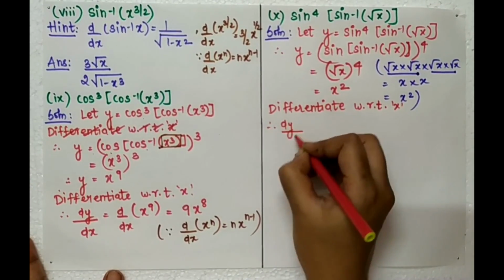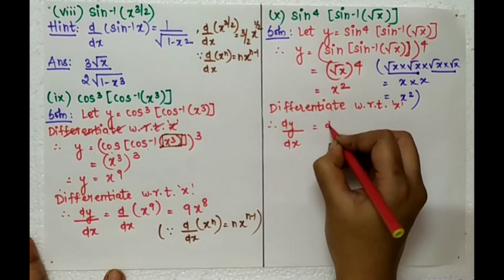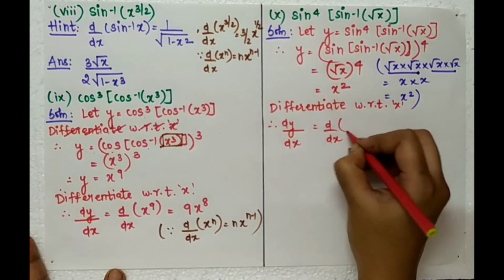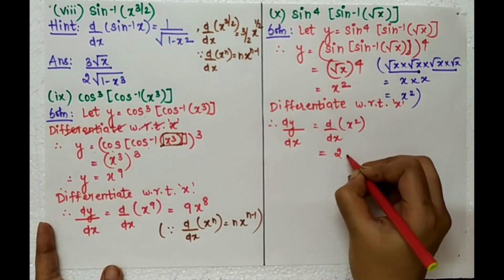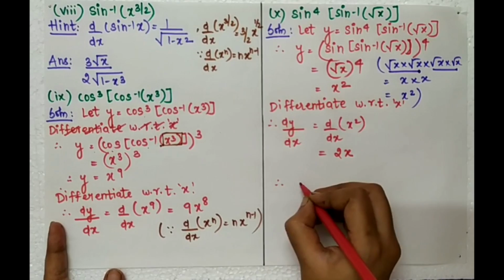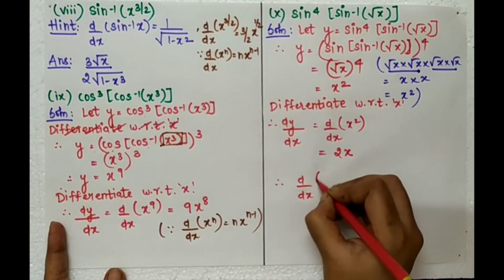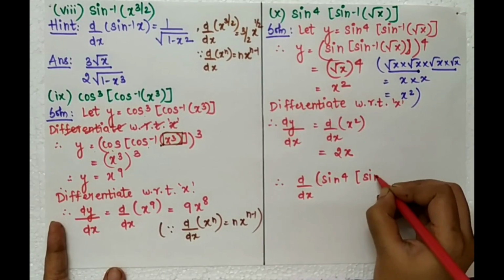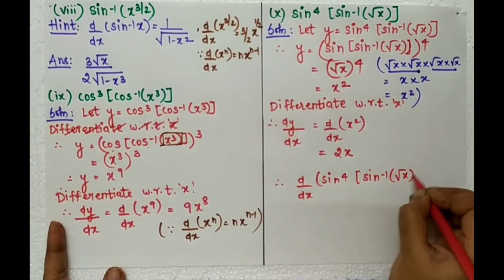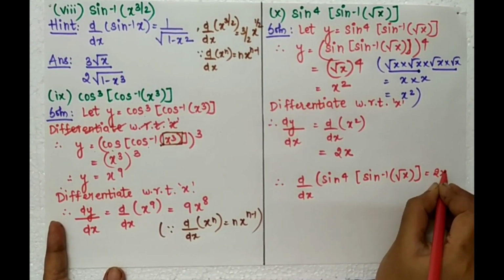Therefore, dy by dx is equal to d by dx of x square, which is equal to 2x. Therefore, d by dx of sine raised to 4 of sine inverse of root x is equal to 2x.